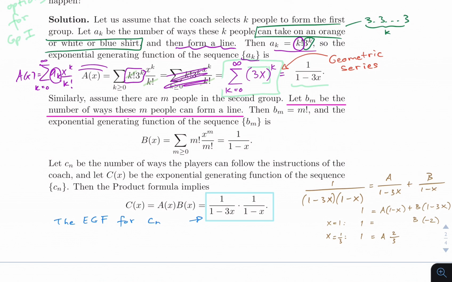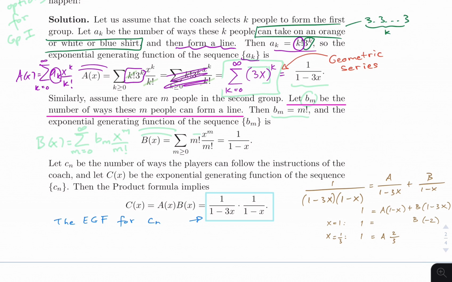So now assume there are m people in the second group and let b sub m be the number of ways the m people can form a line. So that's just m factorial. And so the exponential generating function would just be, by definition, the sum of b sub m x to the m over m factorial, starting at 0.